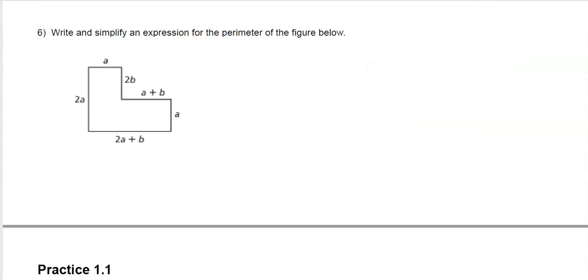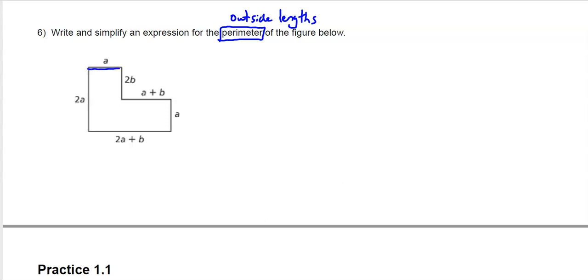All right, number 6, our final one for these notes, says, write and simplify an expression for the perimeter. So remember, perimeter is we are adding up the outside lengths of this shape. So let's just go through.